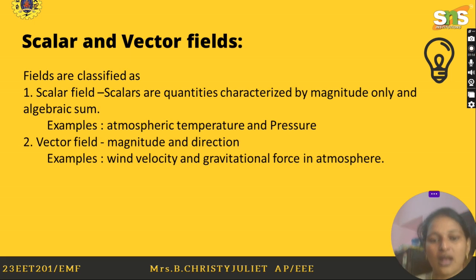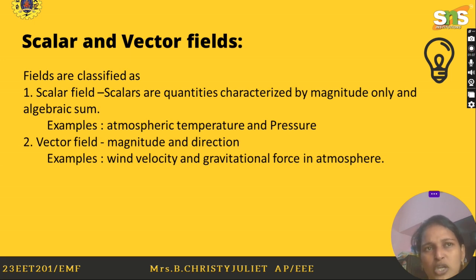So scalars are characterized by magnitude only, whereas vector fields are quantities that are characterized by both magnitude and direction. For example, wind velocity is a vector quantity which has both magnitude and direction.